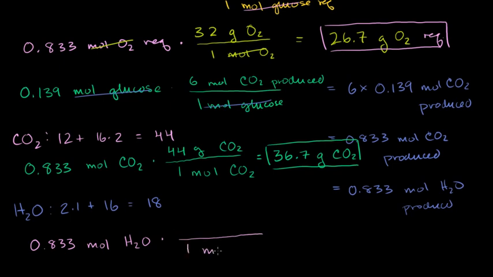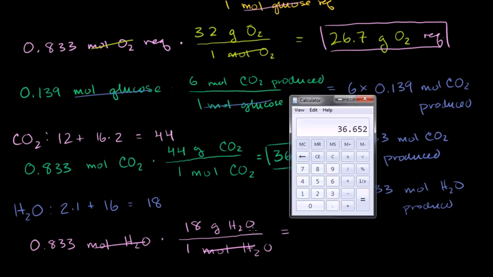Once again, we want 1 mole of H2O in the denominator so it cancels out with the numerator. 1 mole of H2O has a mass of 18 grams, or 18 grams of H2O for every mole of H2O. So this cancels with that.